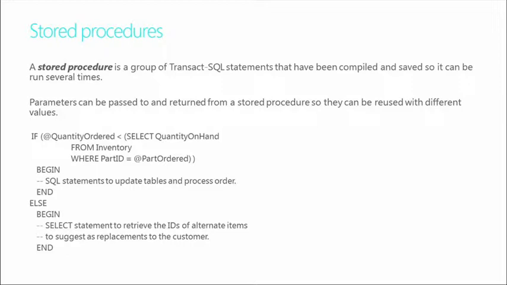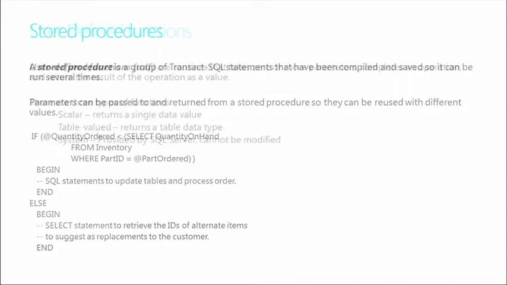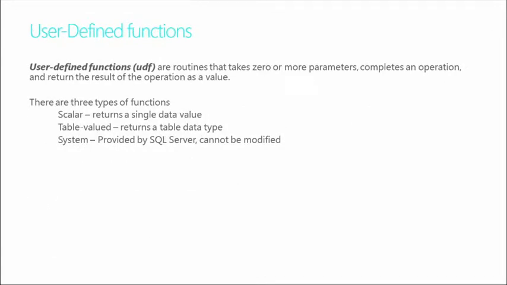So I can create a stored procedure that can be run multiple times over and over again. It actually gets compiled, which means it's going to run a little bit faster, be a little bit more efficient. And we can pass parameters to it so I can run it and reuse it multiple times and be able to get results back based on the parameters that I passed into it. So this is just a brief little example of how we would use that and pass parameters into a stored procedure.